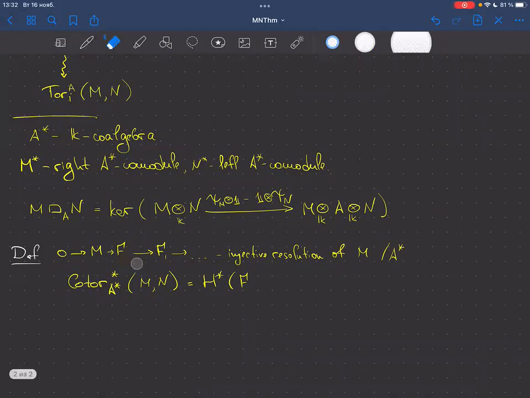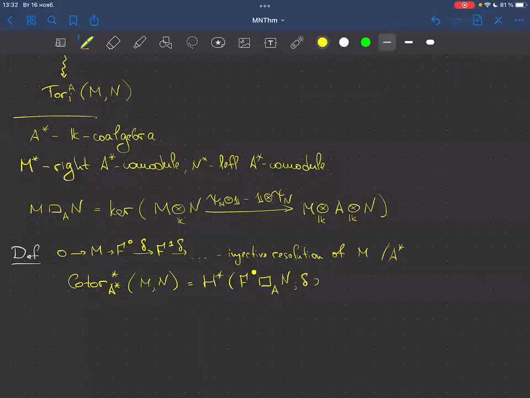Maybe I should write the cotensor product of A with N. So we have such a resolution.